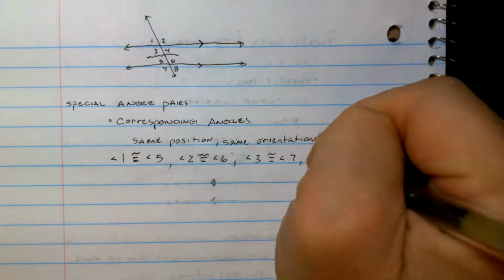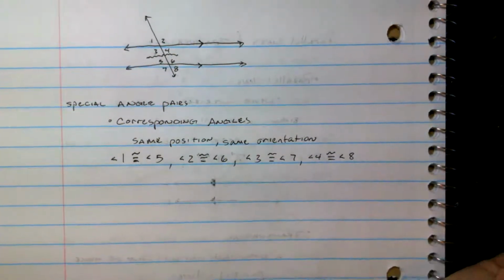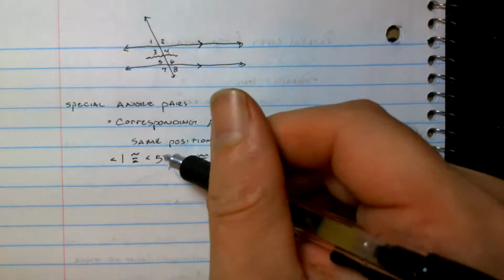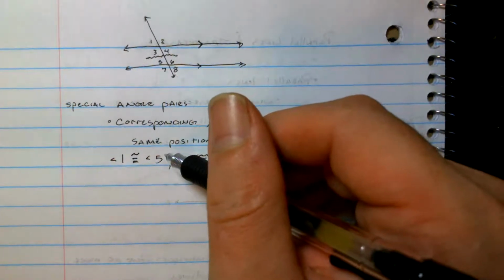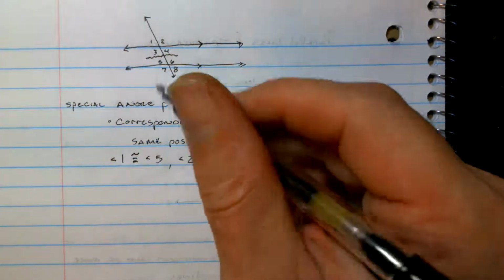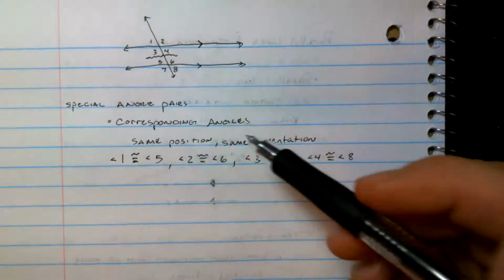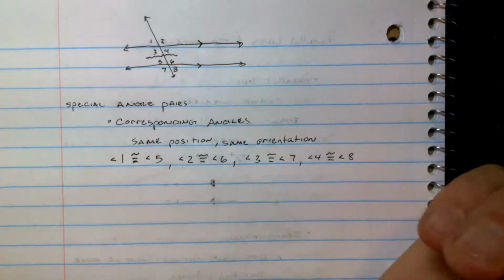And angle 4 is congruent to angle 8. These are all corresponding. 1 corresponds to 5 in position and orientation, okay? That means they're corresponding. So if you're ever told that 2 angles are corresponding angles, well, then you know those 2 angles are equal to each other. Therefore, knowing the relationship helps.